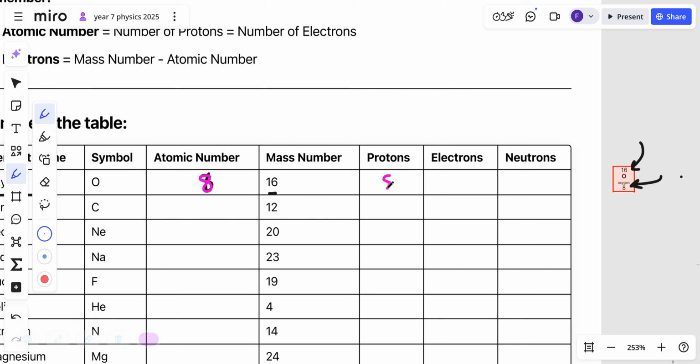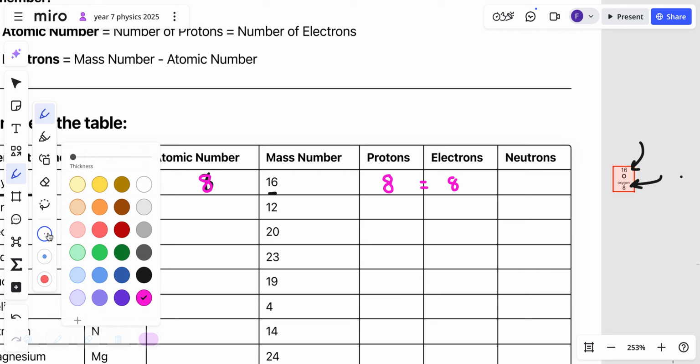You have to do nothing. Pink for protons. There's number 8. Your number of electrons is the same as the number of protons. So that's going to be 8 as well. So neutrons. What colour should I pick for neutrons? Neutrons, neutral.